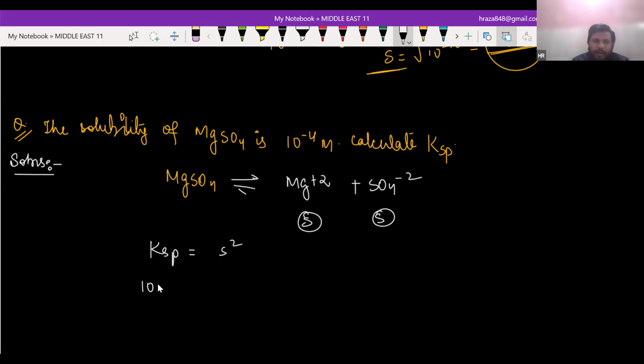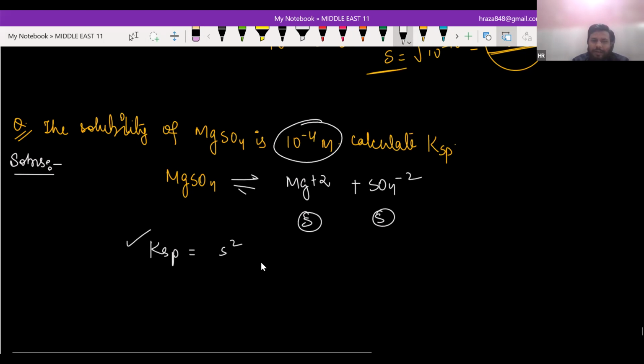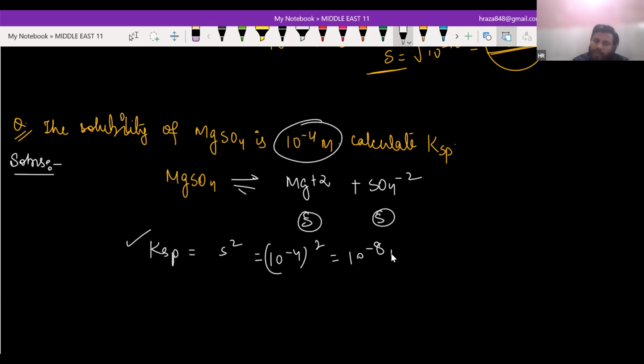We need to calculate Ksp because S is given. So 10 raised to the power minus 4, whole squared, will be equal to 10 raised to the power minus 8 M, or 10 raised to the power minus 8 mole per liter.